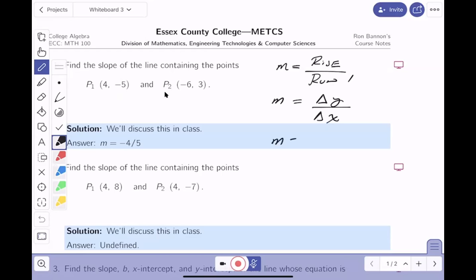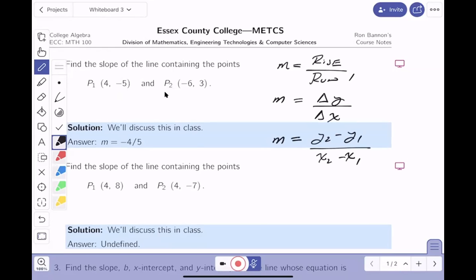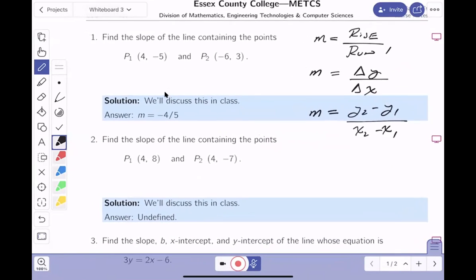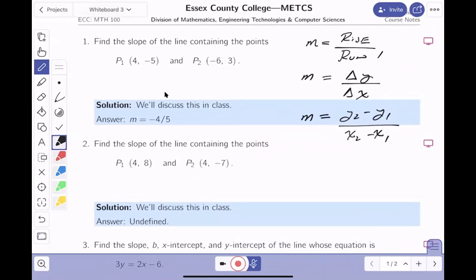Or you may want to think about slope as a formula between two given points, and that would be y2 minus y1, which is basically the change in y, over x2 minus x1. When I do these things, I'm not saying you need to do it in multiple ways, but it sure would be nice if you had one consistent way of doing it. So what I want to do is do it by the formula first.